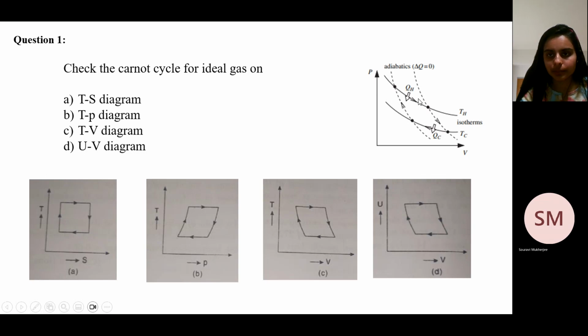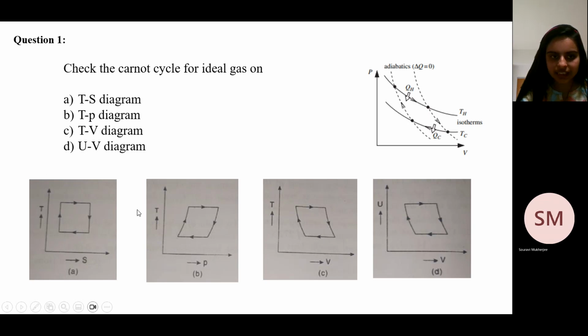So if this is an isothermal process, that means when you have T versus S, or T versus P, or T versus V diagrams, this line and this line should be straight lines because the temperature remains constant in those processes, right? So that's why you have the straight lines in all these processes, as you can see.